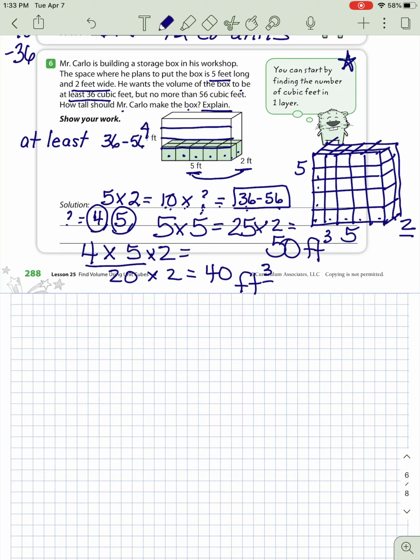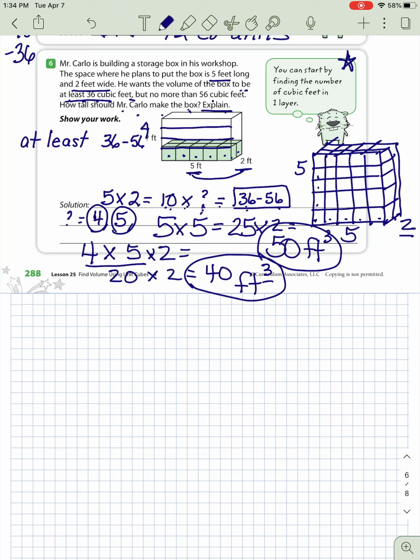I'm going to go back. He wants the volume of the box to be at least 36 cubic feet. Well, this one is. So is this one. But it can't be more than 56 cubic feet. That applies. How tall should Mr. Carlos make the box? Explain.